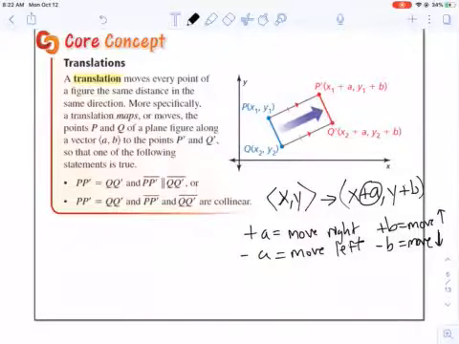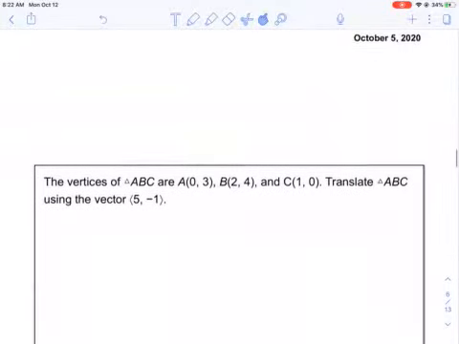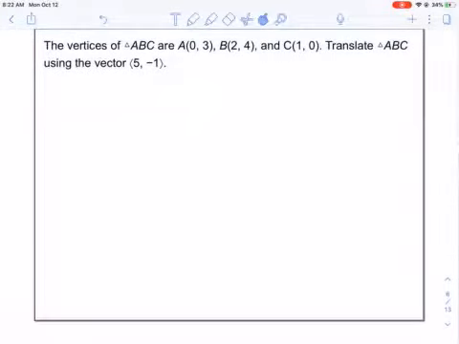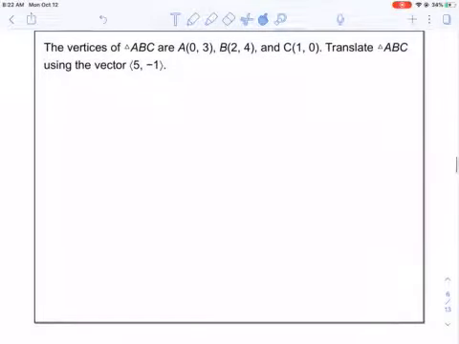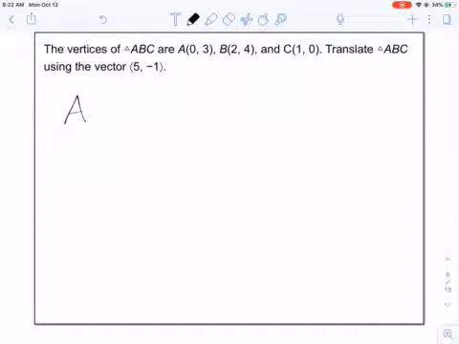So let's look at that, because translations, we're going to see them a lot in this chapter. Okay, so it says the vertices of ABC are 0, 3, 2, 4, 1, 0. Translate this triangle using the vector 5, negative 1. Well, to do that, I'm going to go ahead and write out each of my points.